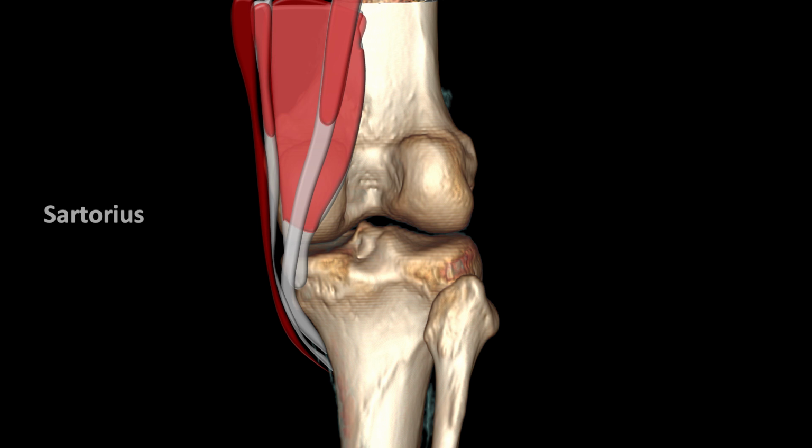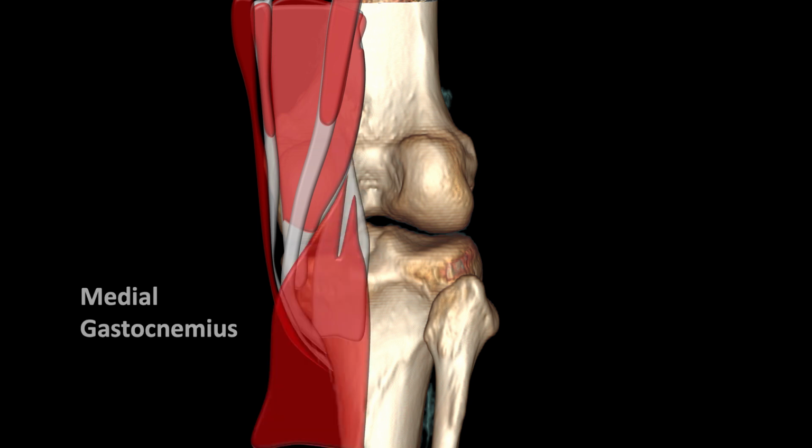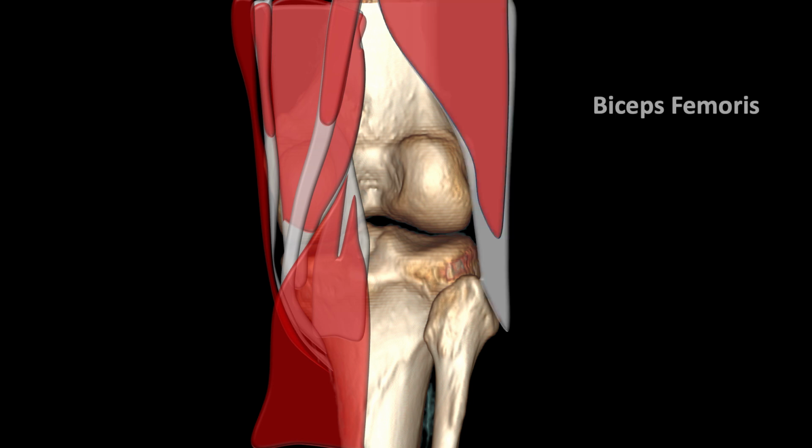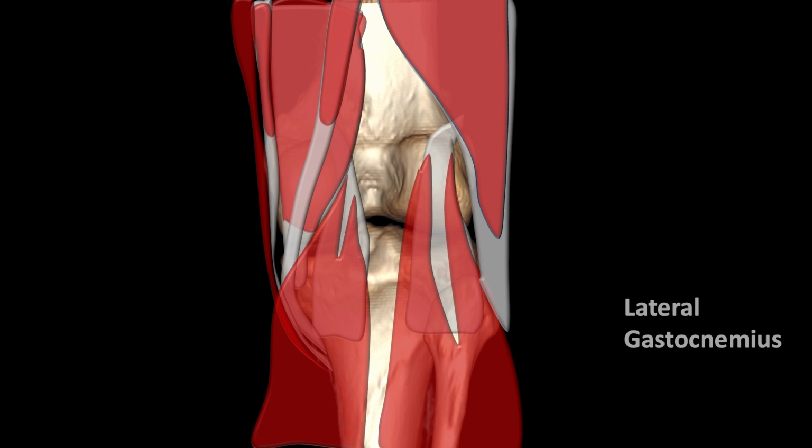collateral ligament. Lower down and towards the middle, the popliteal fossa is defined by the condylar insertion and the muscle belly of the medial gastrocnemius. Above and laterally, we mostly see the muscle belly and the tendon of the biceps femoris, which we can follow until it inserts on the fibula. The inferolateral portion of the popliteal fossa is defined by the retrocondylar insertion of the lateral gastrocnemius and its muscle belly.